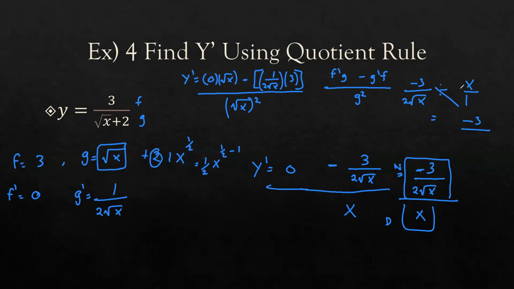And then on the bottom, I made a mistake right here. On the bottom, it's g squared. G is not just radical x, it's very easy to make this mistake; g is radical x plus 2, right? So that is the mistake I made.